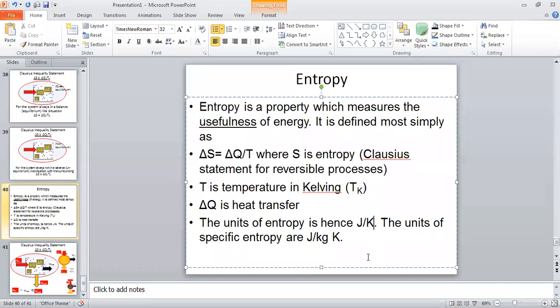For 1 kg, we call it specific entropy, meaning per unit mass.